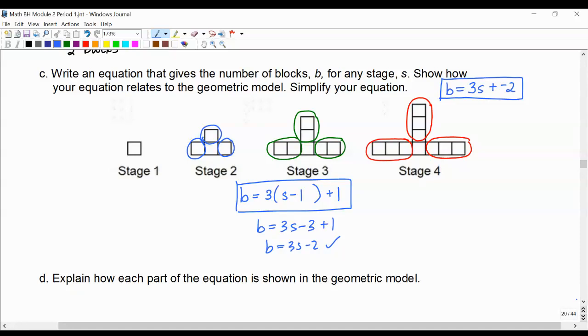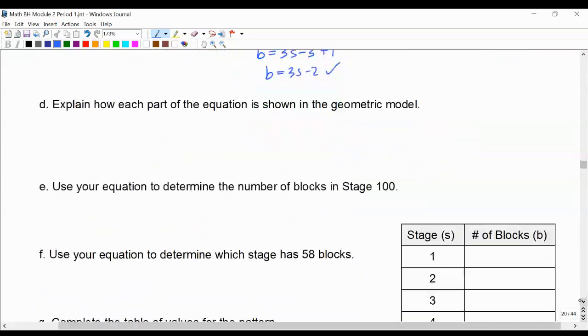First way was probably the easiest. All right, next up, D. We're going to explain how each part is shown in the model. So the constant -2 is the number of blocks in stage 0. What was the other number in our formula?